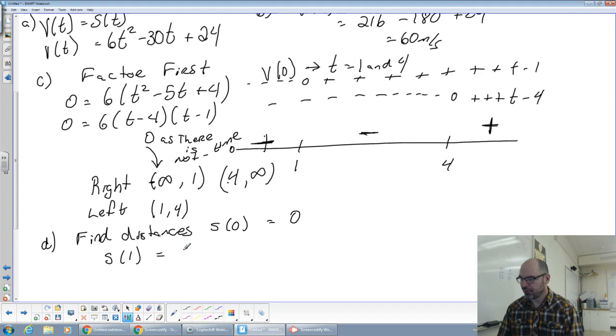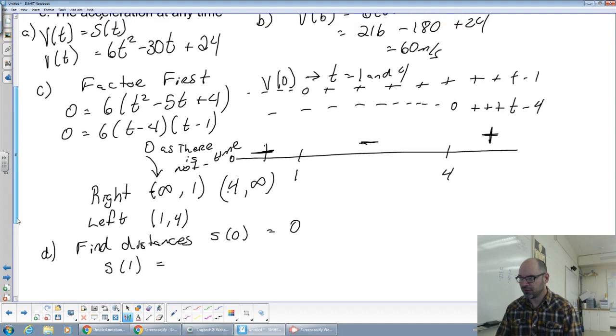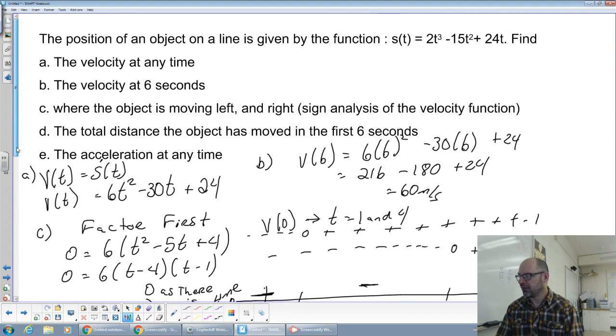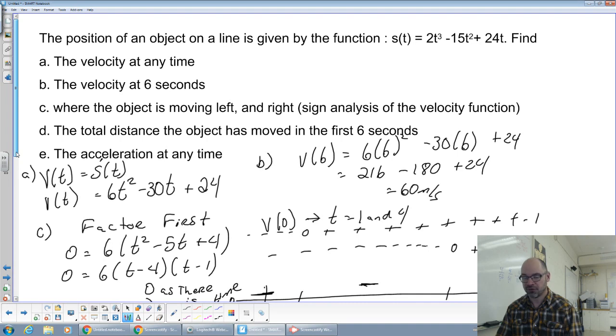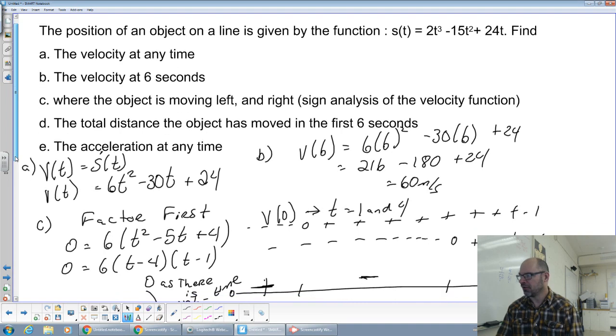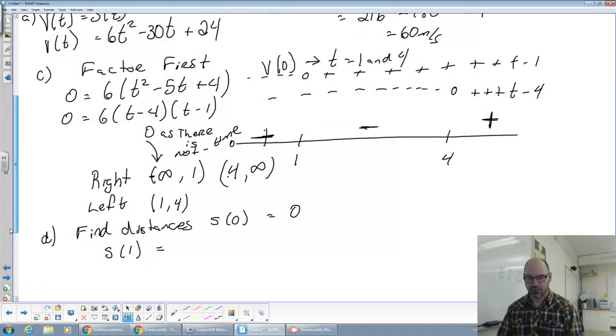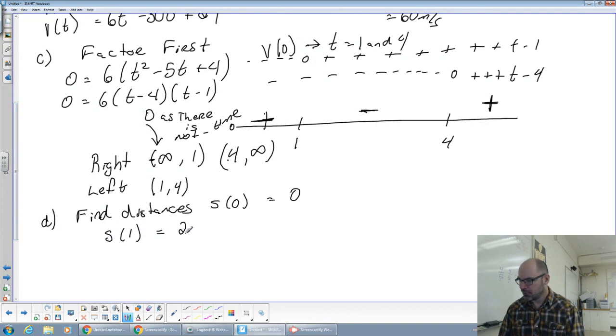the equation is, what was it? 2t cubed minus 15t squared plus 24t. So 2 times 1 cubed minus 15 times 1 squared plus 24 times 1.